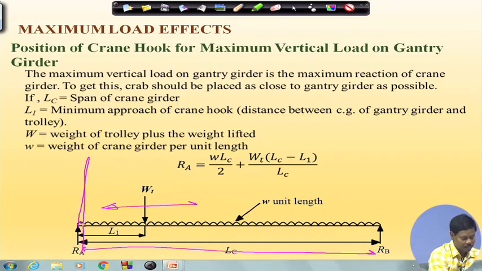So, maximum effect on the girder will be when this trolley load will be at the closest distance from the support, right, and that is possible when it is coming towards support, and that can come up to minimum approach of the crane hook.